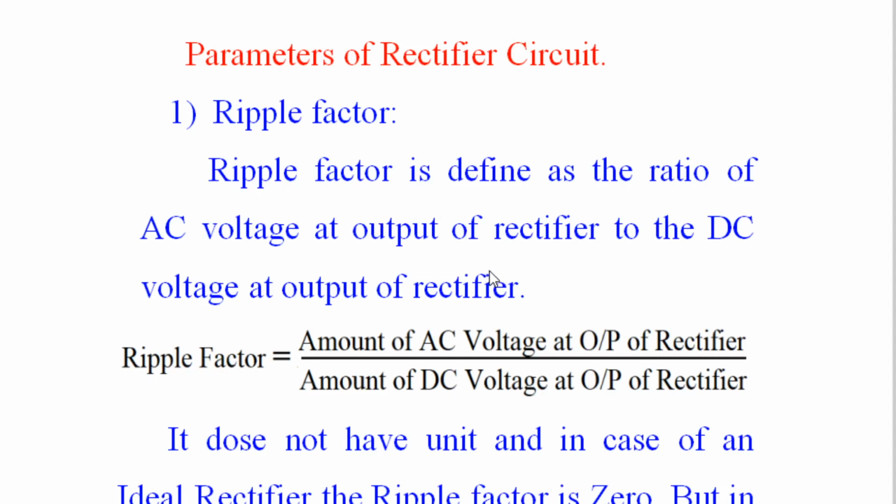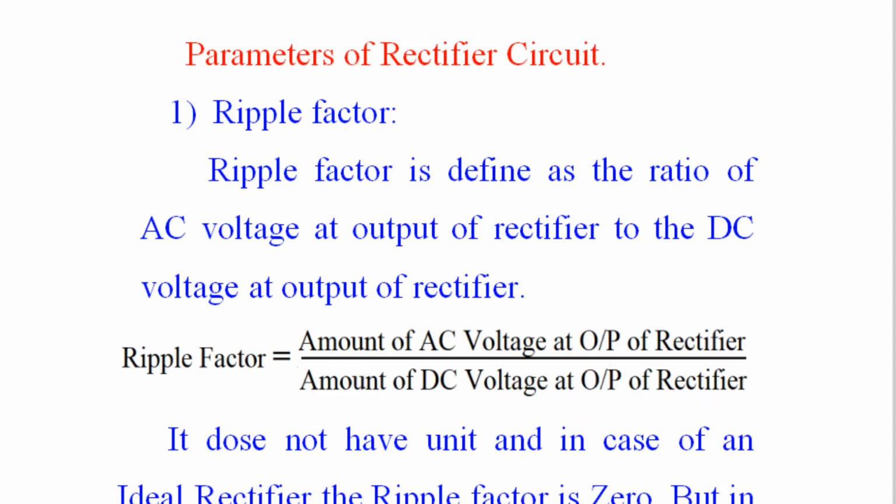If there is no AC, then your rectifier is of very good quality because it is converting 100% AC into DC. If there is small AC in millivolts and DC is large in volts, then it is good. So ripple factor is equal to the amount of AC voltage at the output of the rectifier divided by the amount of DC voltage at the output of the rectifier.